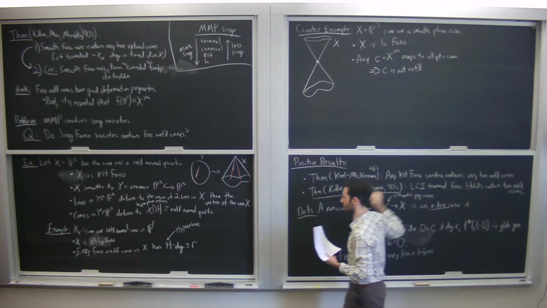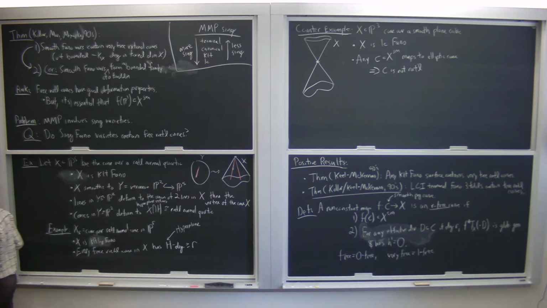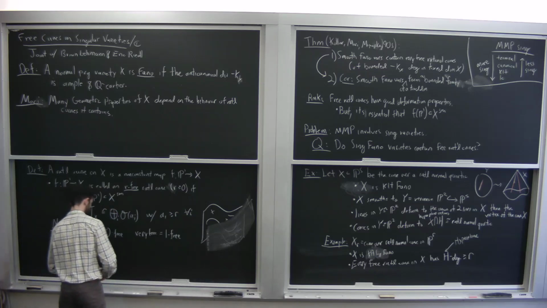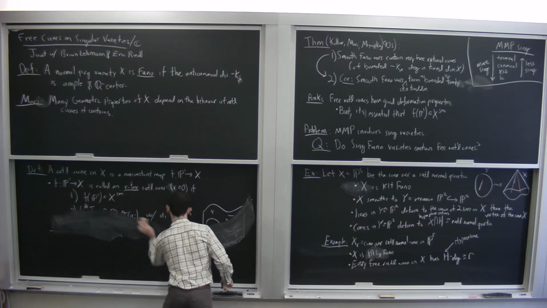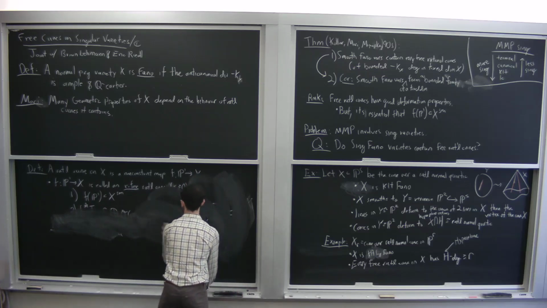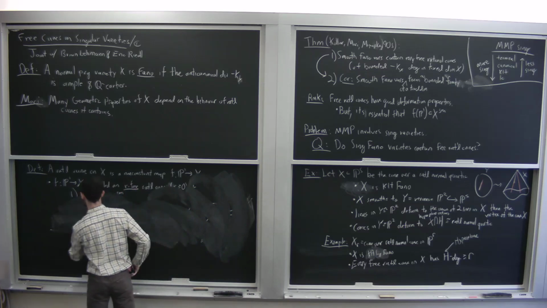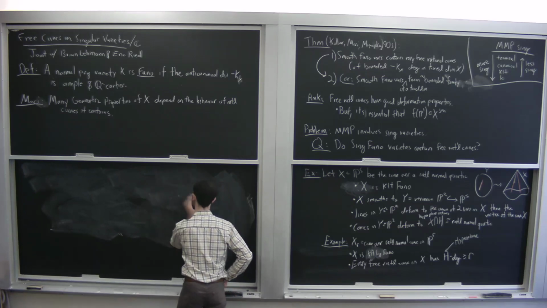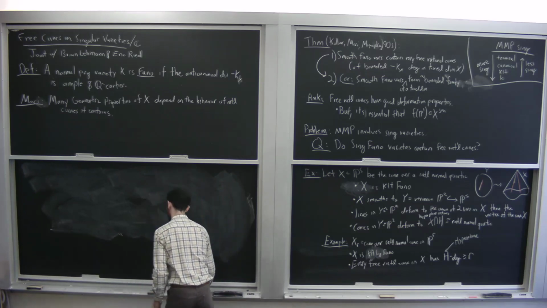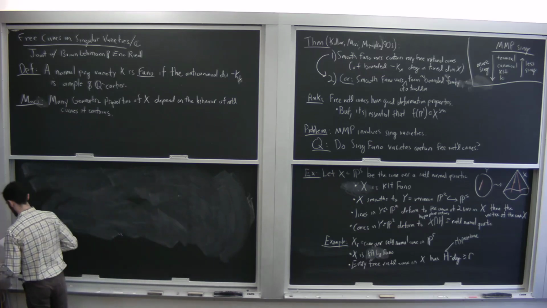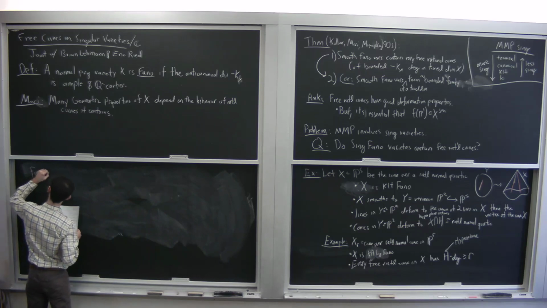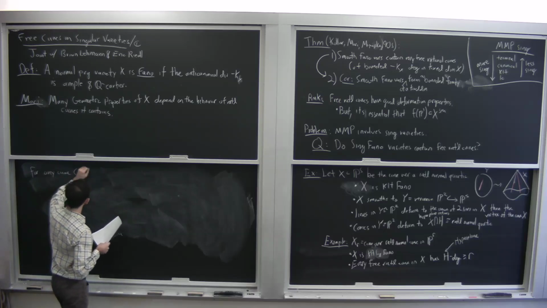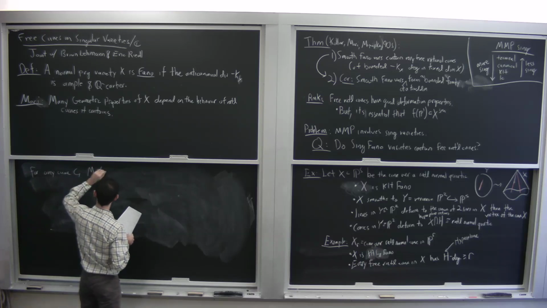Let me move over here. So why are these the right conditions? For any curve C, to explain these conditions a little bit, I want to talk about the morphism scheme and its structure.